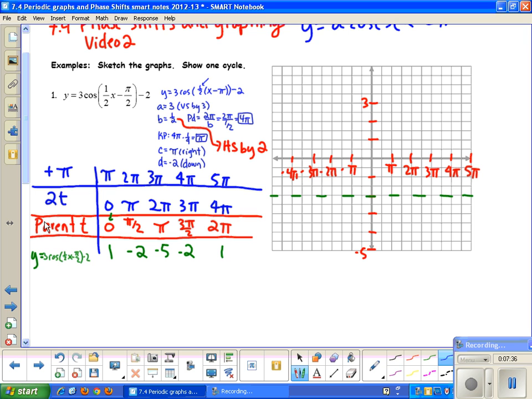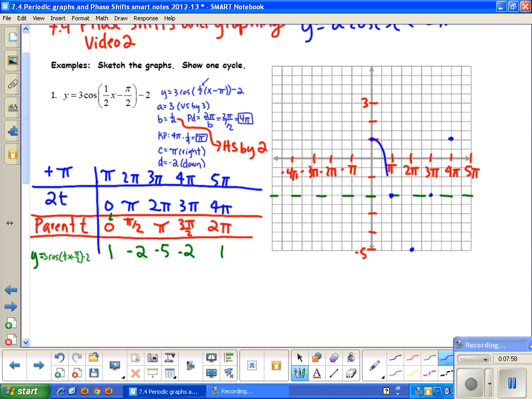So cosine graph normally starts at 1, but we stretched our graph up by 3. So I'm going to count 1, 2, 3 up from my new x-axis that I have. And then the next point I know would be here. And then I'm going to count down 1, 2, 3 to get this point here and here.